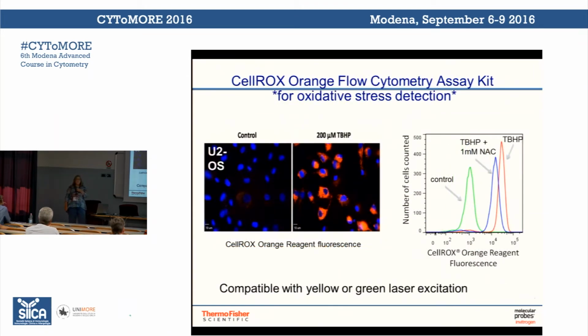And then finally, CellRox Orange. This is compatible with some of the newer green and yellow lasers. And again, it's not compatible with fixation, but it is a cytoplasmic readout.